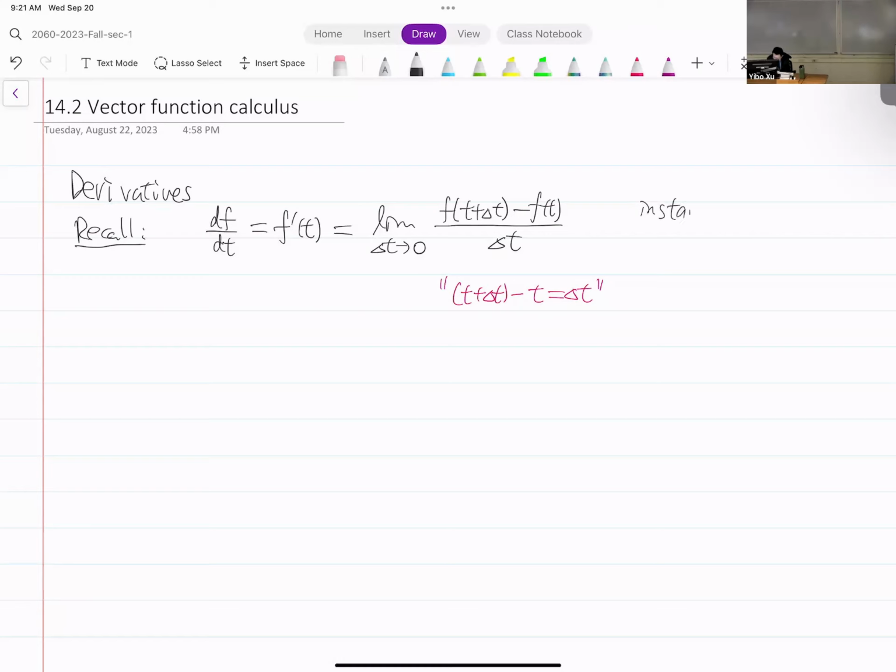This is the instantaneous rate of change. So this is actually an average rate of change when the input starts at t and ends at t plus delta t, right?